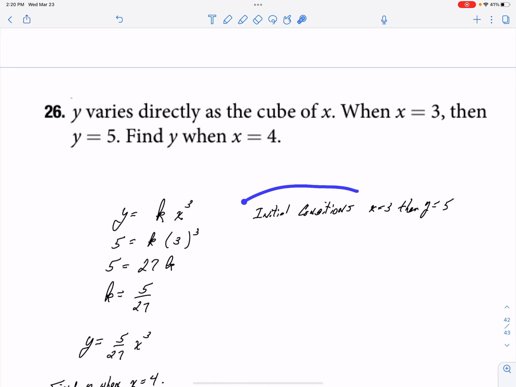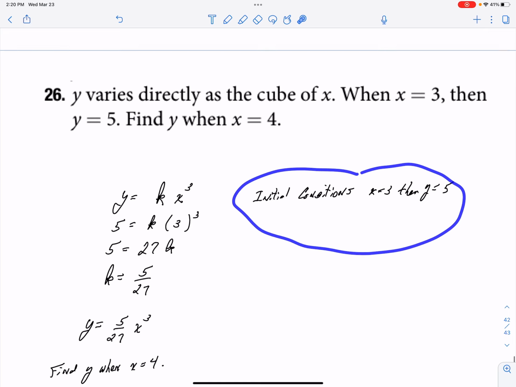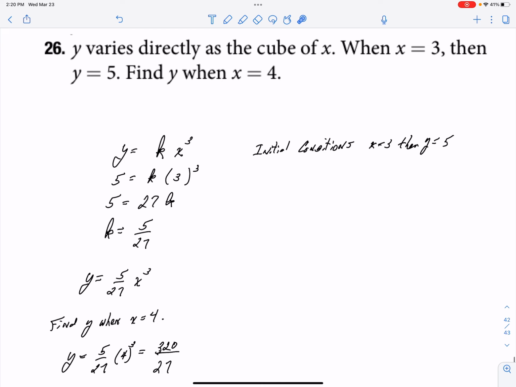Okay, so the initial conditions, when x is 3, y is 5, I take my equation, y is equal to k times x cubed, and I plug in x to be 3 and y to be 5. That gives me the following. 5 is k times 3 cubed.